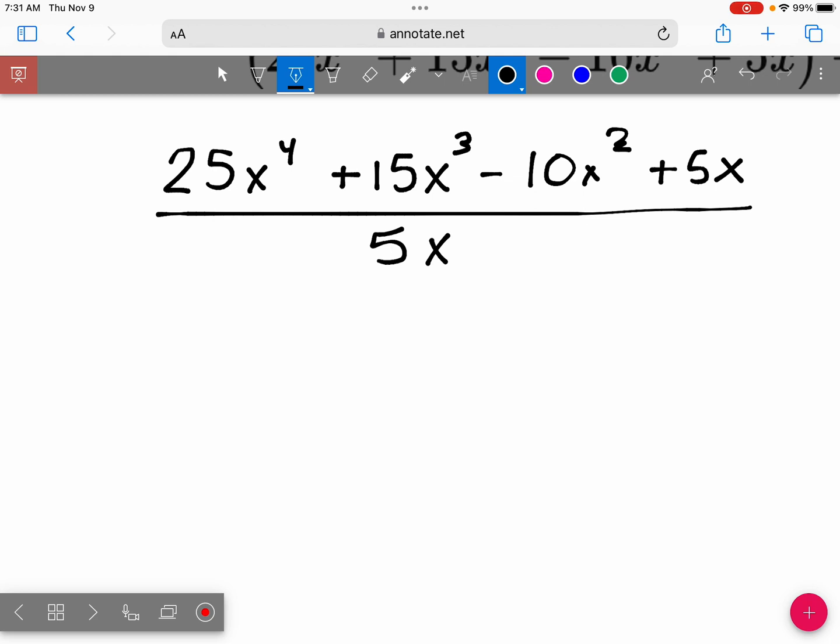So then what we're going to do is we're going to split this up into different fractions.